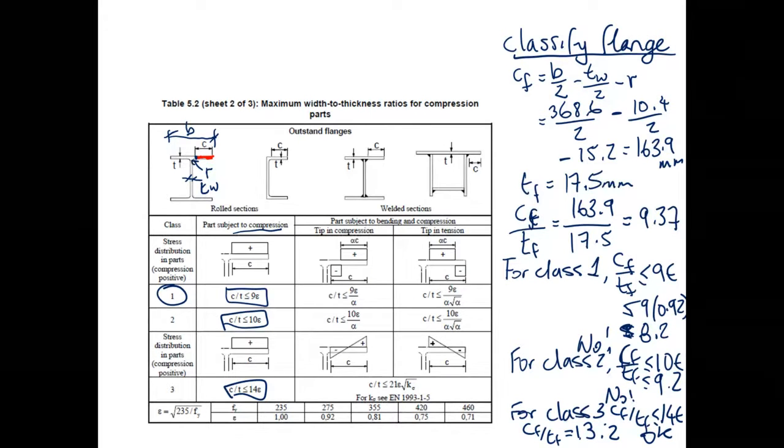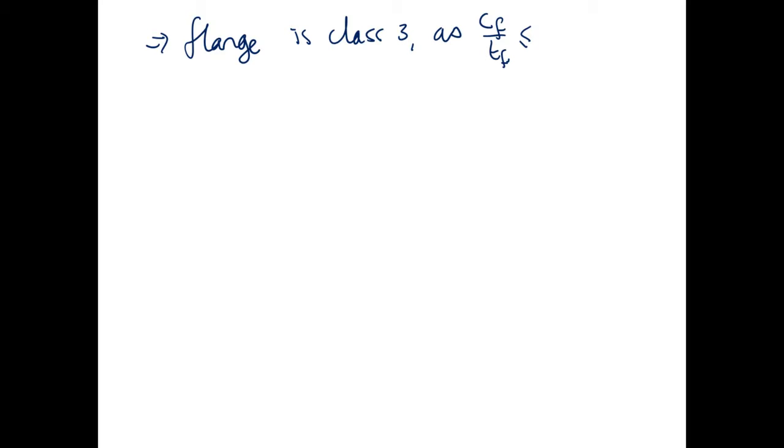Okay, so it is class 2 or class 3. That implies that the flange is class 3, as the width of the flange divided by the thickness of the flange is less than or equal to 14 epsilon, which was equal to 13.2.